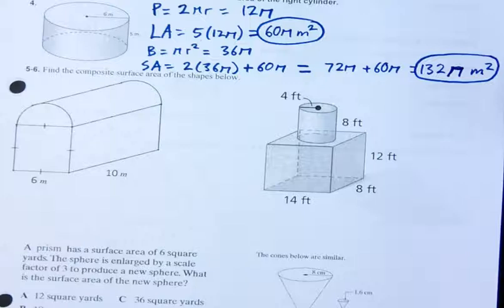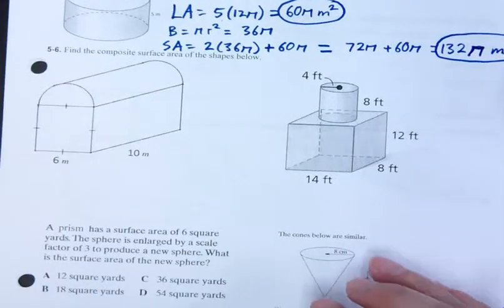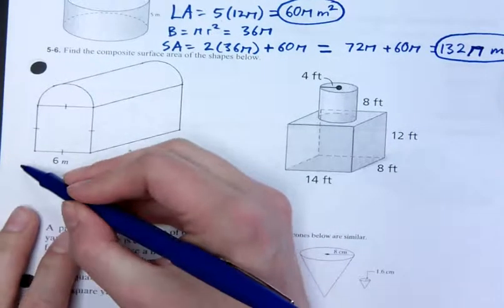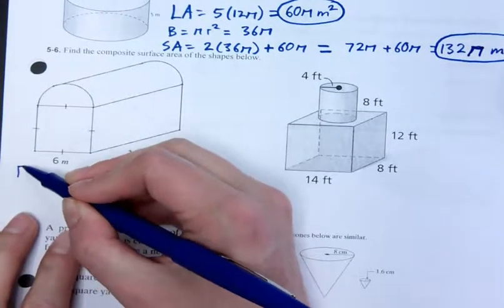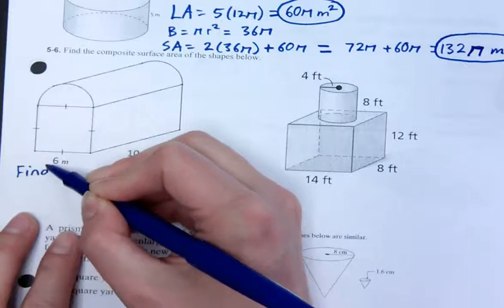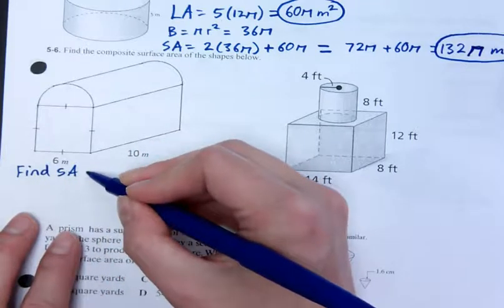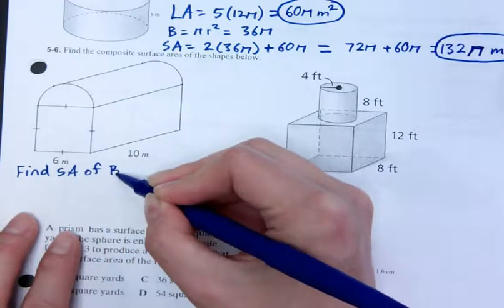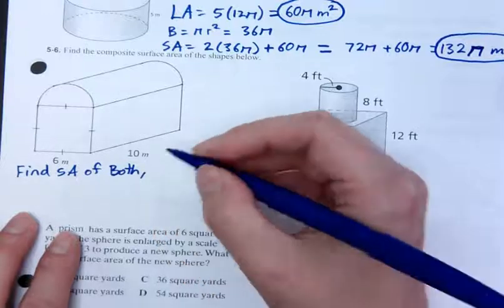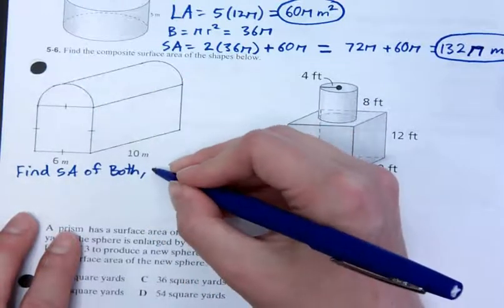Take away the side. So what we're going to have to do is find the surface area of both, but then subtract the sides where they touch each other.